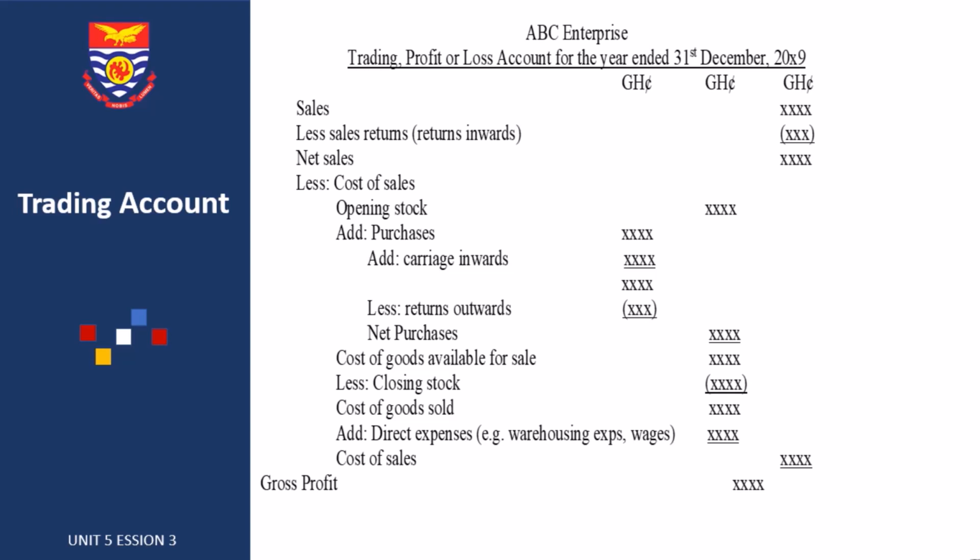Then we less the closing inventory and we arrive at the cost of goods sold. After that, we add any direct expenses, which may be, for example, warehouse expenses or wages, and we arrive at the cost of sales. Now, the cost of sales is deducted from the net sales to arrive at the gross profit. So this is the trading aspect of the trading profit or loss account.